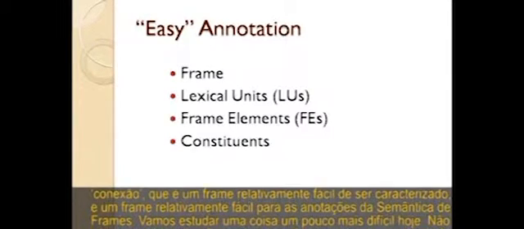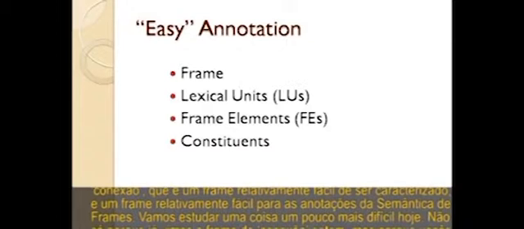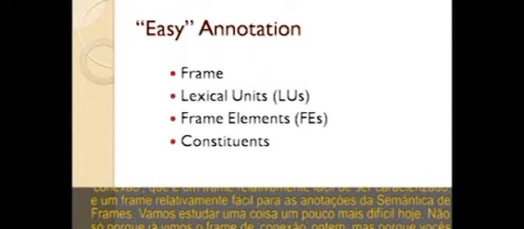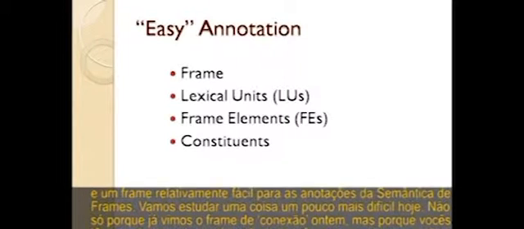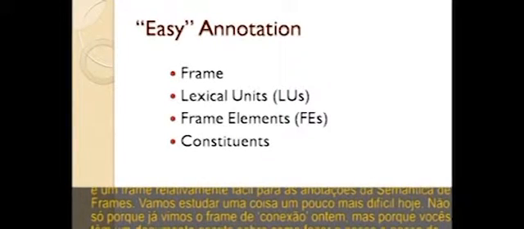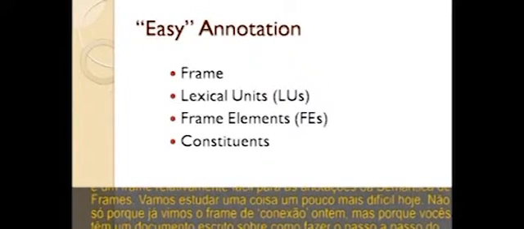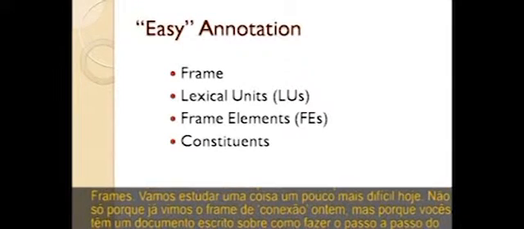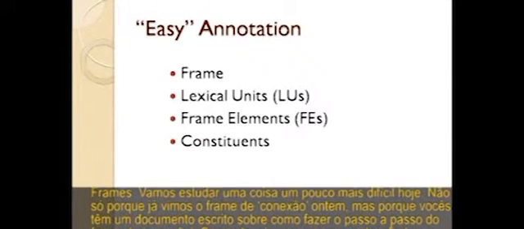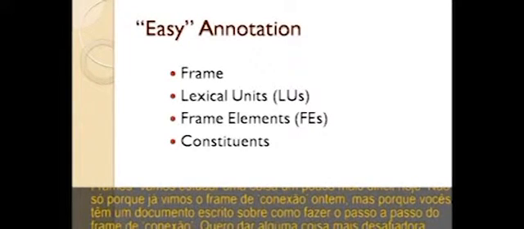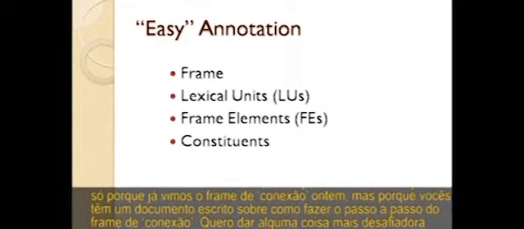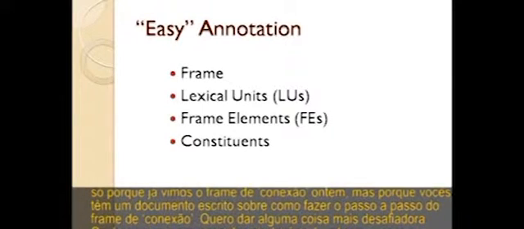We're going to look at something a little more difficult today, not only because we looked at attaching yesterday, but you have the written document about how to go step by step through attaching. So I wanted to give you something more challenging. We know about the process of annotation.